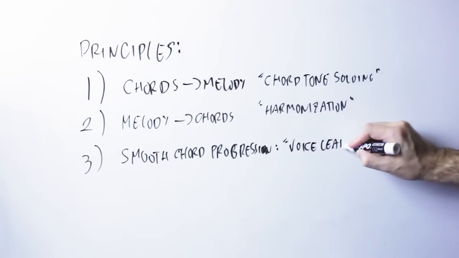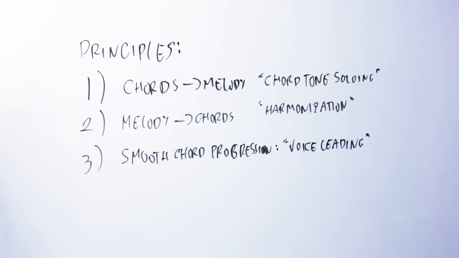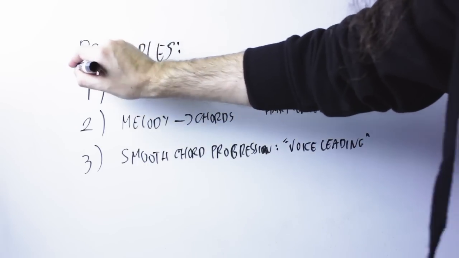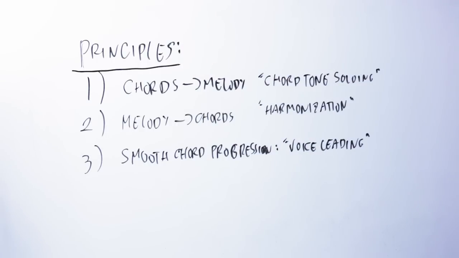And you can make chords change into each other by moving the notes of the chord as little as possible, the principle of voice leading. Those are the three most basic principles of music theory, and several people have no idea about all that.